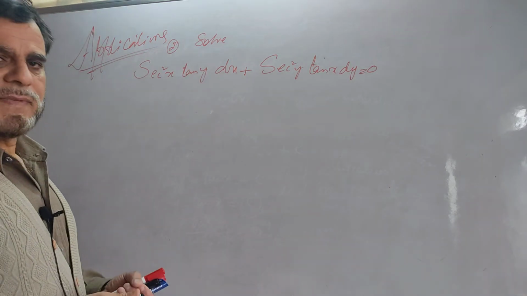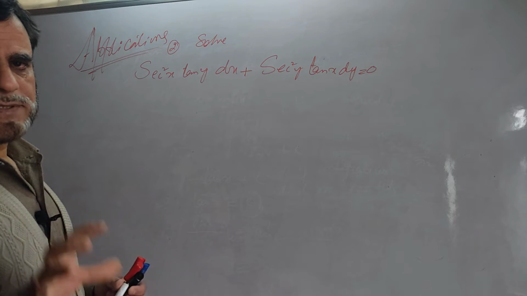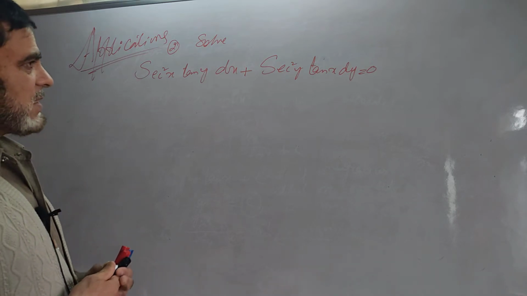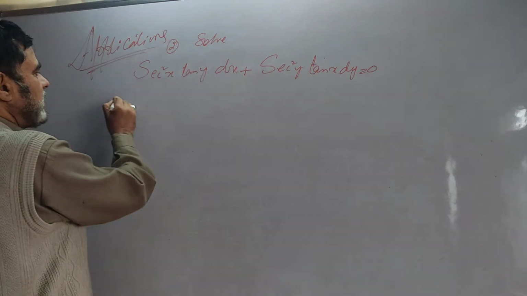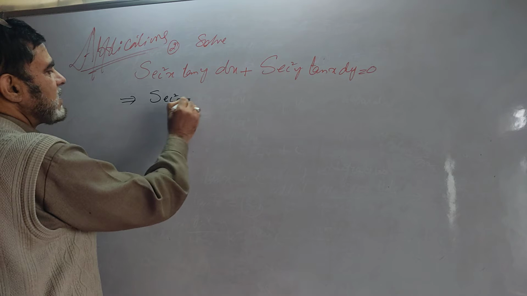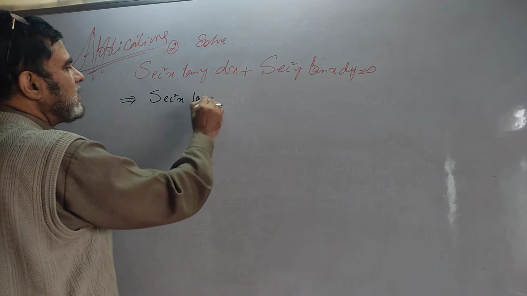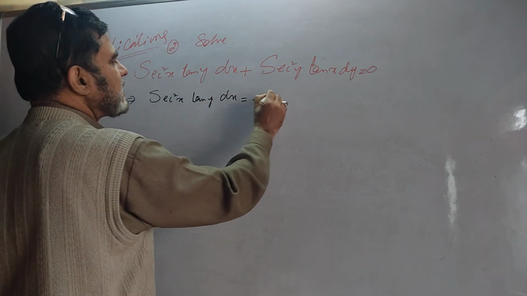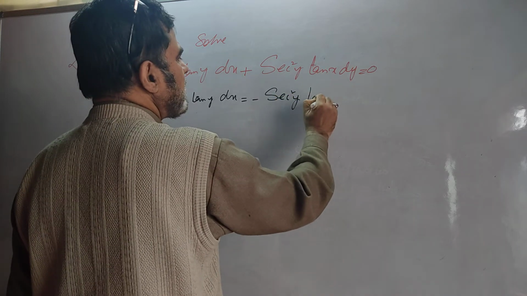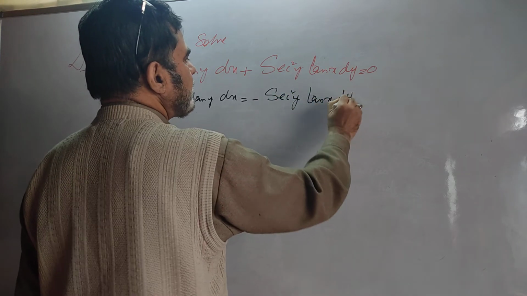Let us solve it. Can we separate the variables? We have to first look at this. Can we separate it or not? Separation here is very simple. This implies you can write it sec square x tan y dx is minus sec square y tan x dy.